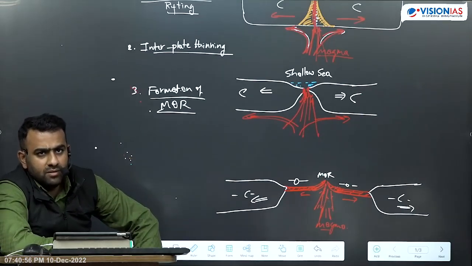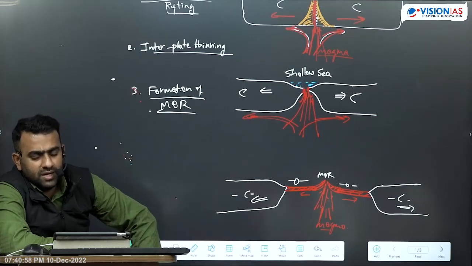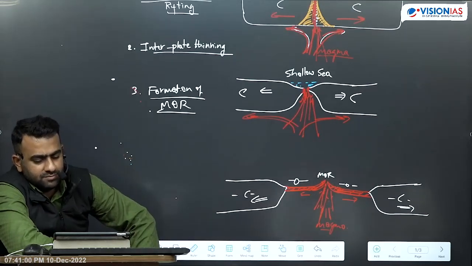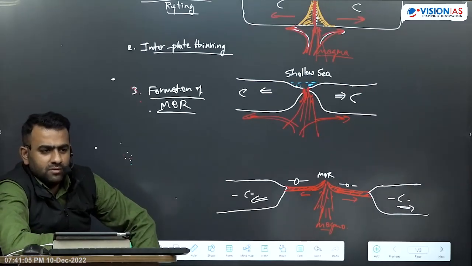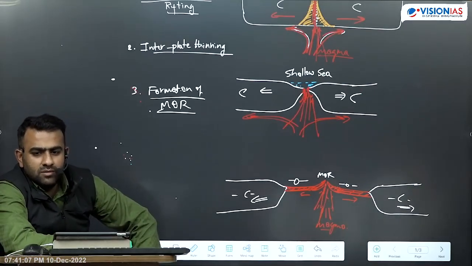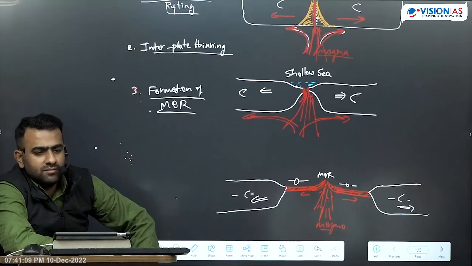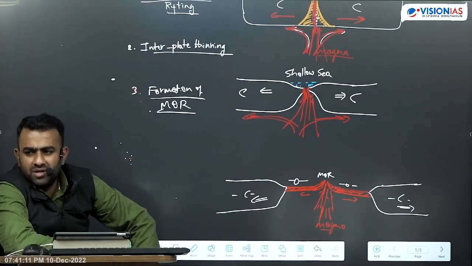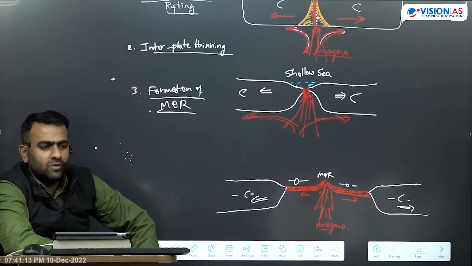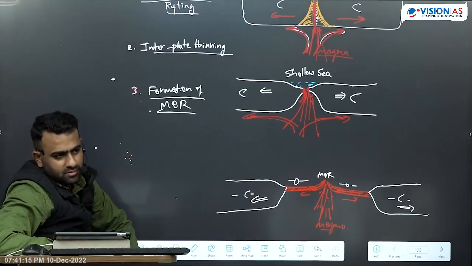Example, Mid-Atlantic ridge. So basically Atlantic Ocean formed in the last 200 million years, 200 to 150 million years. That is why it is called as the youngest ocean, the Atlantic Ocean.